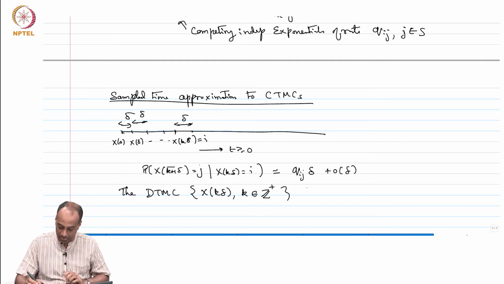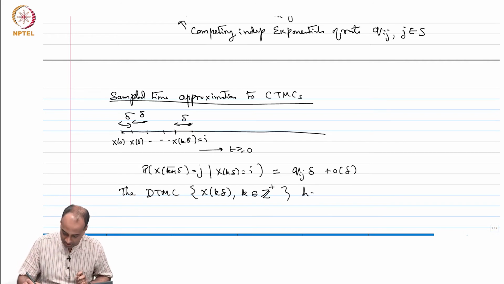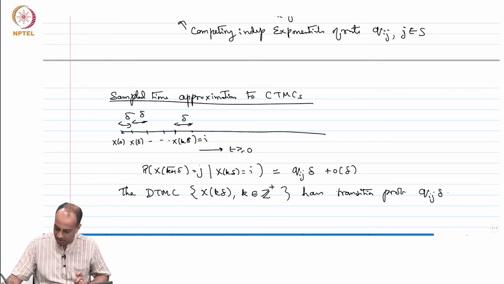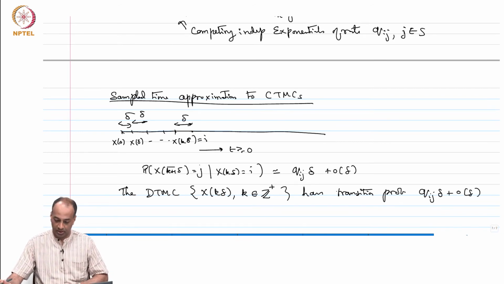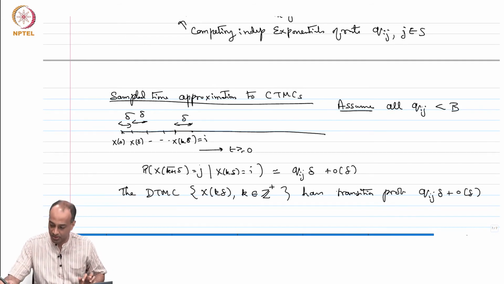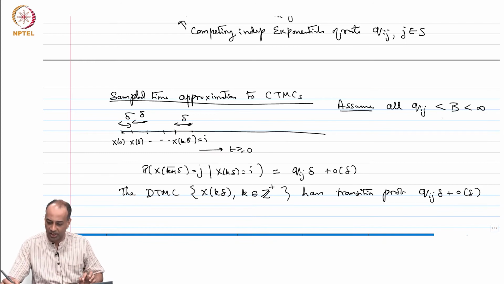It is of course a DTMC, with transition probabilities Qij delta plus little o of delta. We are going to assume all Qij's are less than some b, which is finite, for all i, j.